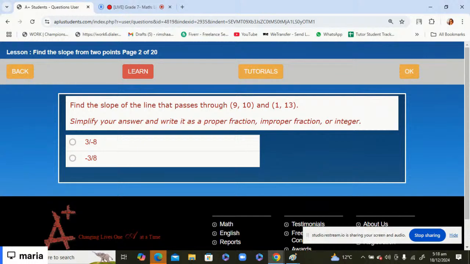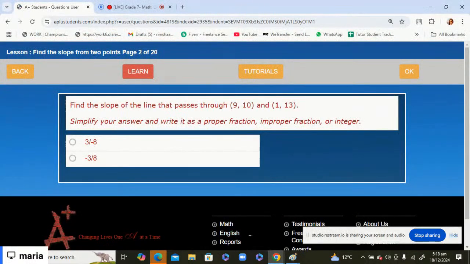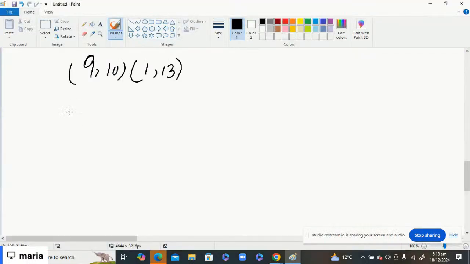So here the points are 9, 10 and 1, 13. Let's do it. 9, 10, 1 and 13.